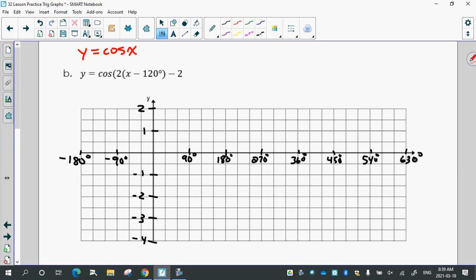And our five important points for cos are 0 and 1, so it starts at a maximum. And then at 90, it's at 0 on the central axis again. At 180, it's down at -1. At 270, back at 0 again. And at 360, it's up at 1.